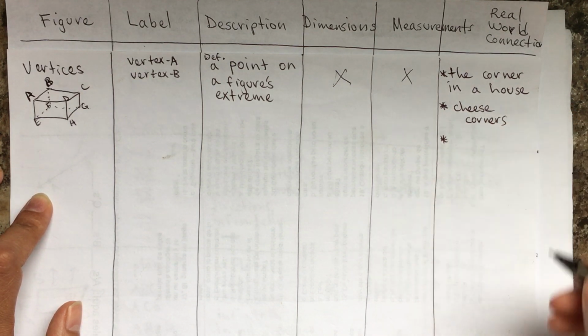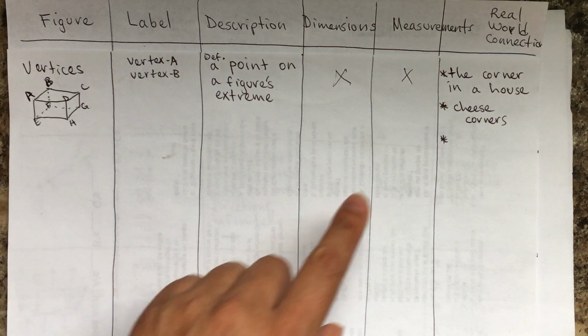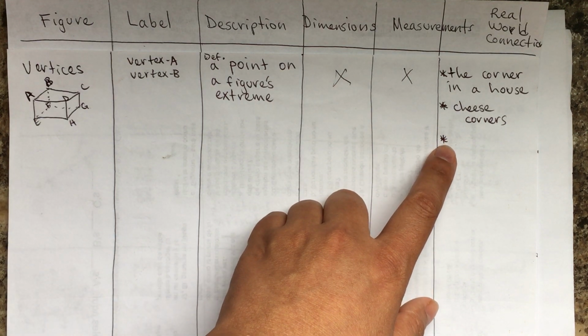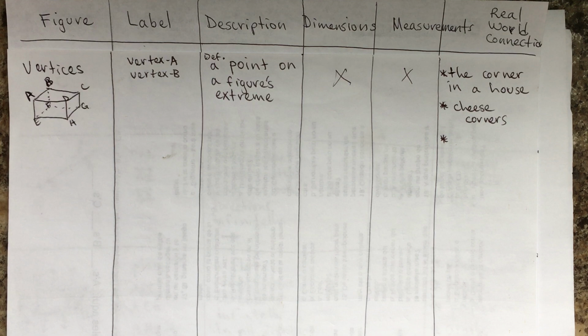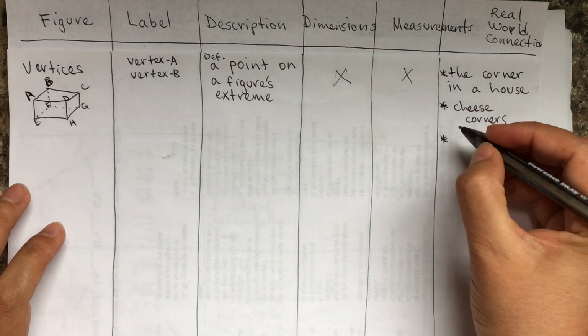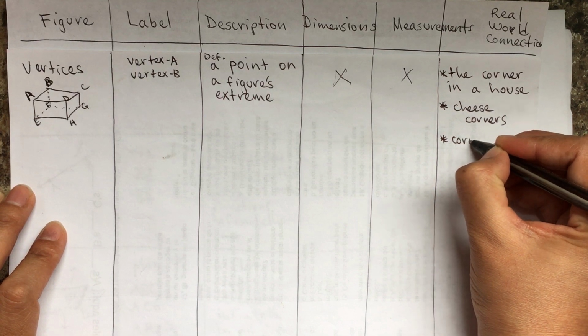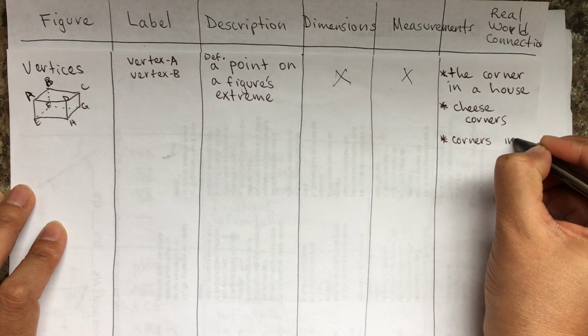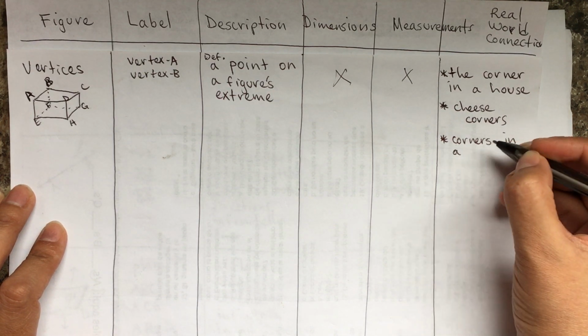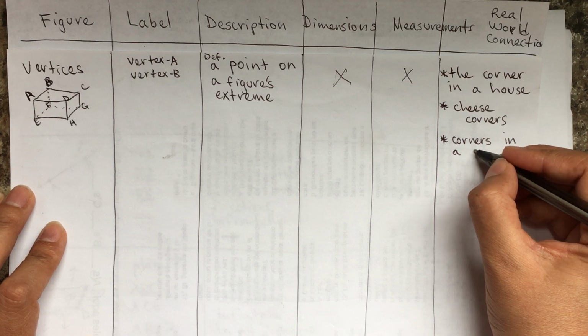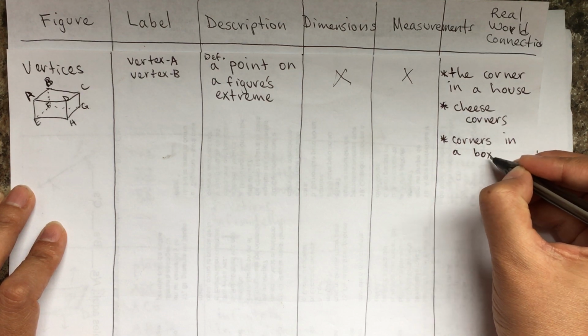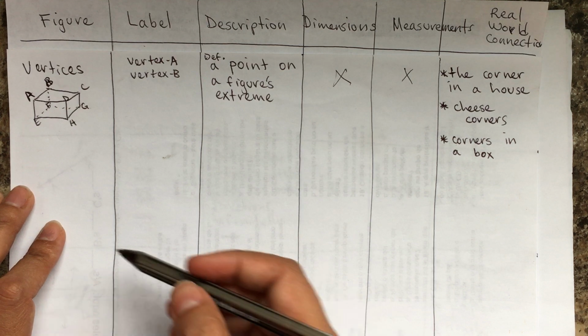So basically corners for the most part. Somebody said in a box, like where all the cardboards meet. So corners in a box.